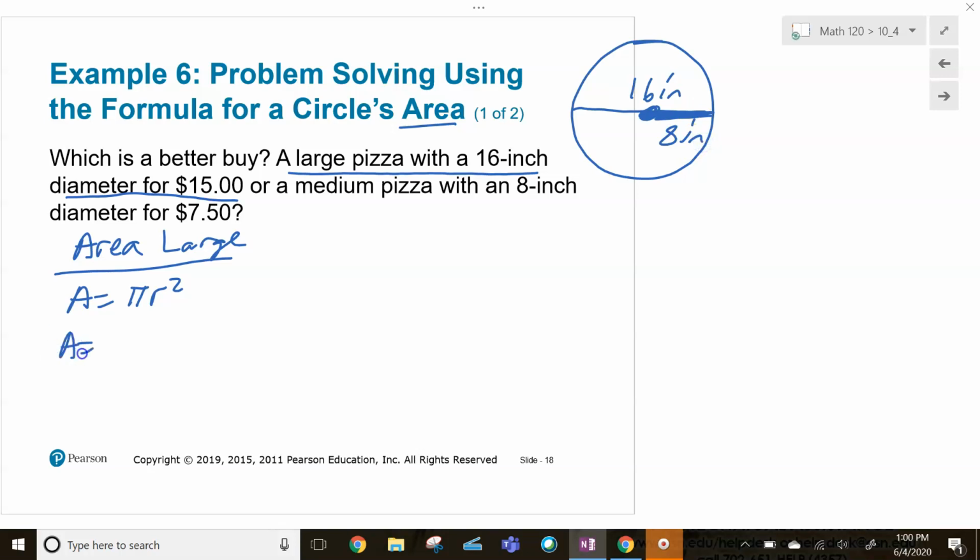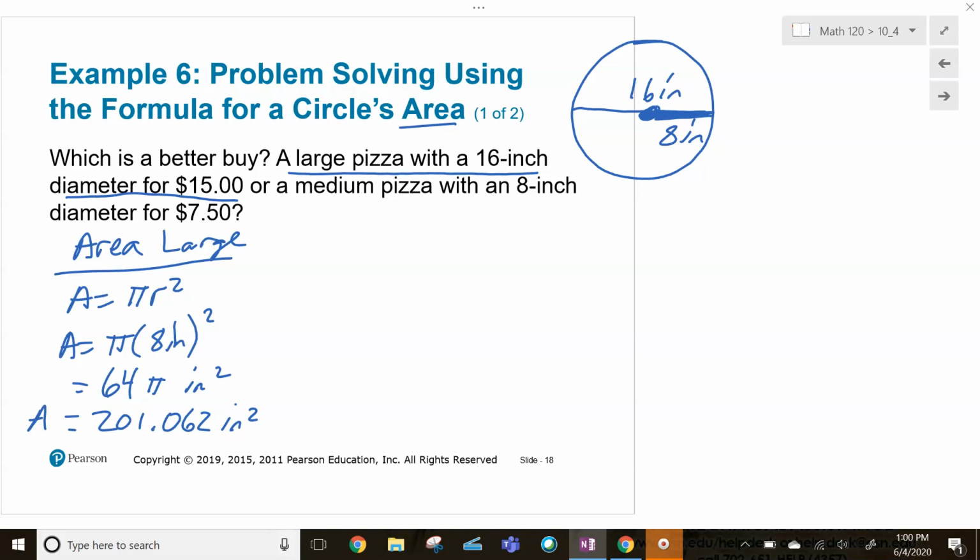So the area would be pi times 8 inches squared, right? 8 times 8, 64 pi square inches. Now use your pi button on your calculator, 64 times pi, and you get 201.062 square inches. That's the total area of the large pizza.